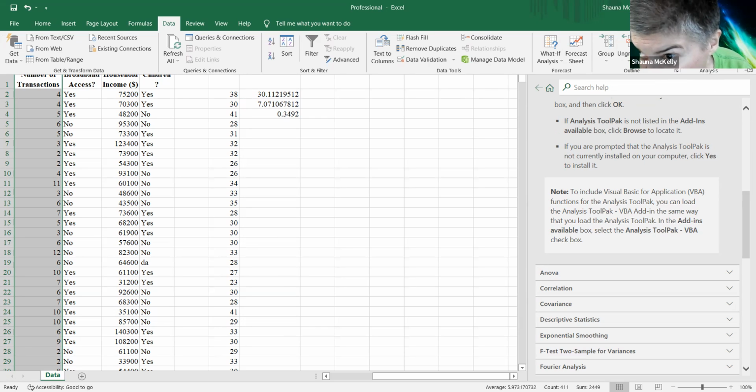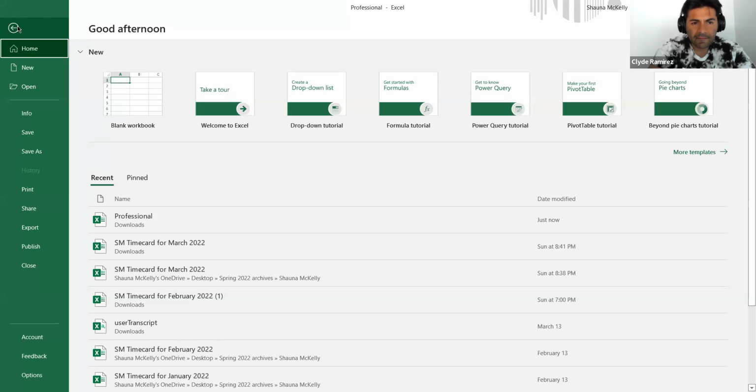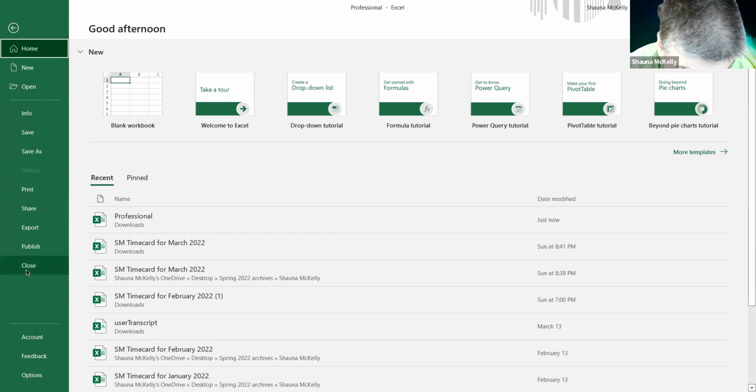Do you have an analysis under data analysis? You said to go to data. So click on data, then the ribbon opens, go to the far right. No, it's not there. Okay, if it's not there, then go to file. Go to options.